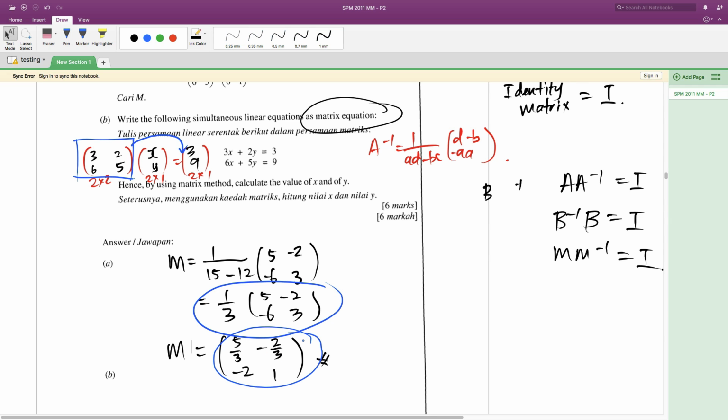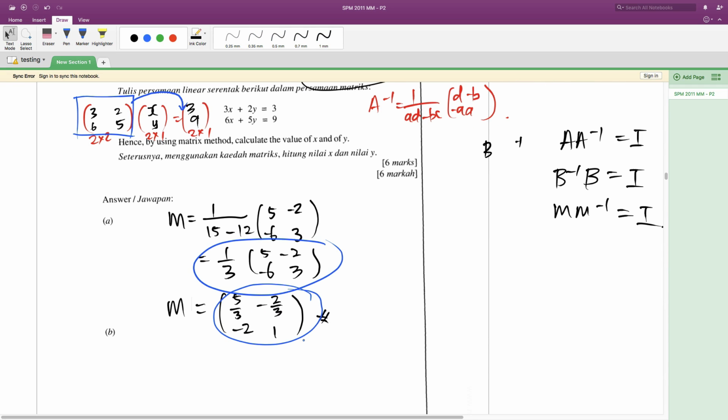I just do not like fractions. So let's have a look over here. Let's say I have x, y. I move the 3, 2, 6, 5 to the other side. It will become inverse. So I copy my inverse on the top, come down, and then 3, 9 I will write here. So you can find out the 3, 9 is exactly here.